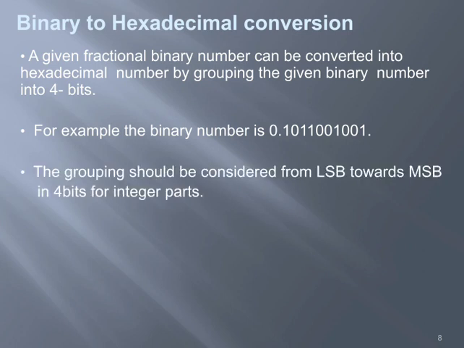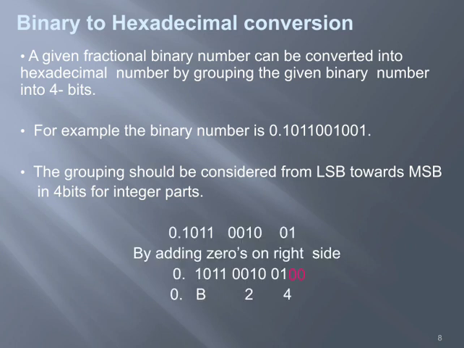So instead of considering an integer binary, now I am considering a fractional binary, where you can append zeros to the right side. For integers you append zeros to the left side, and for fractional binary numbers, you append the zeros to the right side in order to make the given binary number into groups of 4 bits.